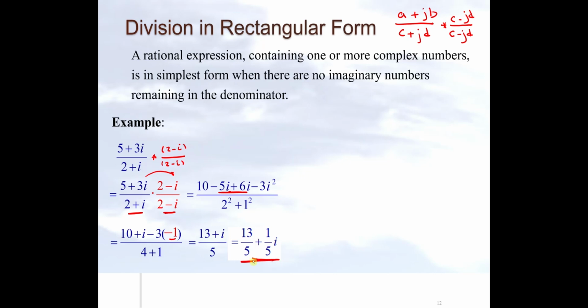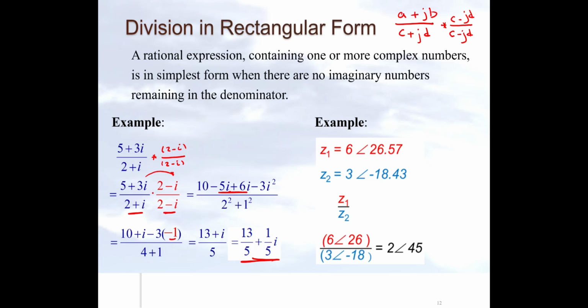Okay, let me give you an example in the polar format to show you how easy it is to do the division in the polar format. If I have a first number in the polar format and a second number in the polar format, and I'd like to get the division, you simply divide the magnitudes to get the magnitude of the result, and then subtract the phases.